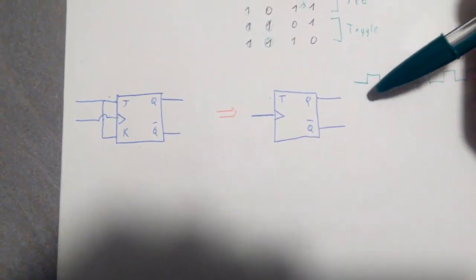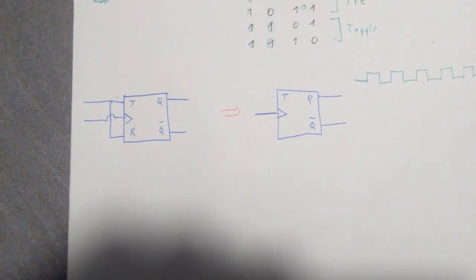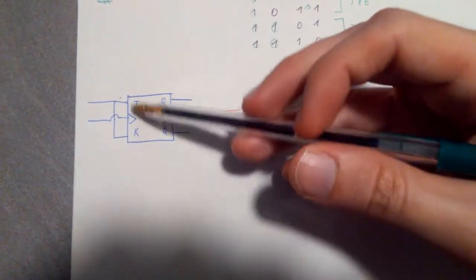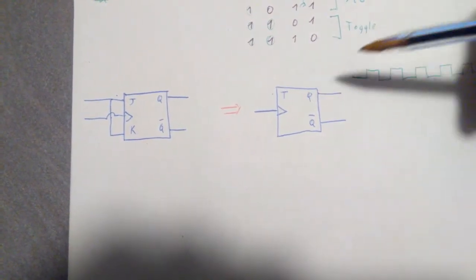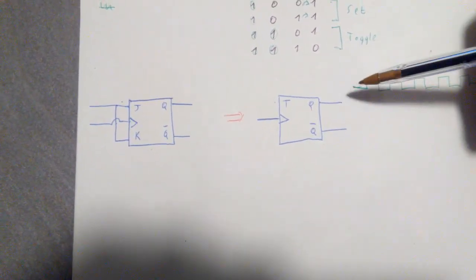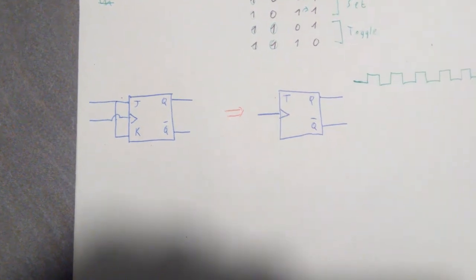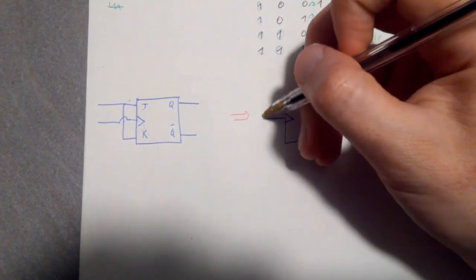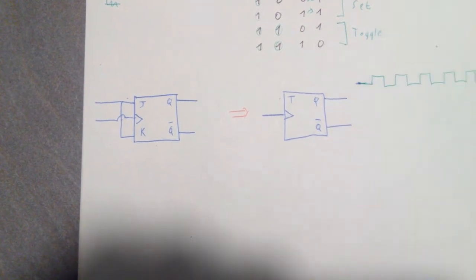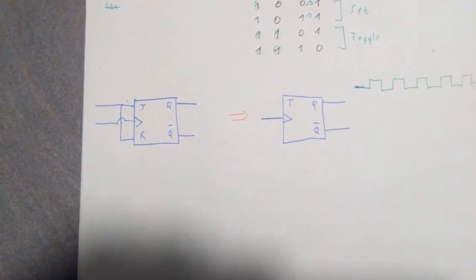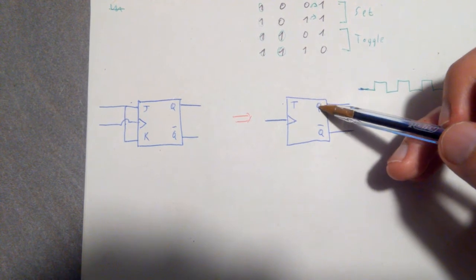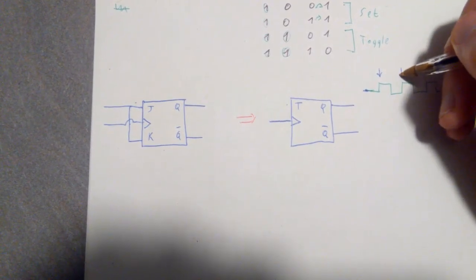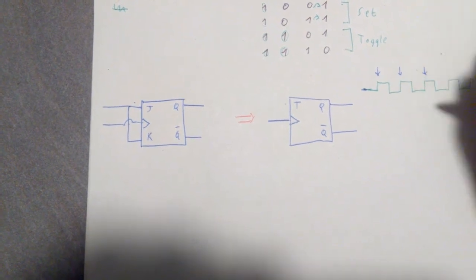If we have a toggle flip-flop, with J and K both 1, so here we have 1 connected here, basically what happens is that Q is toggling.